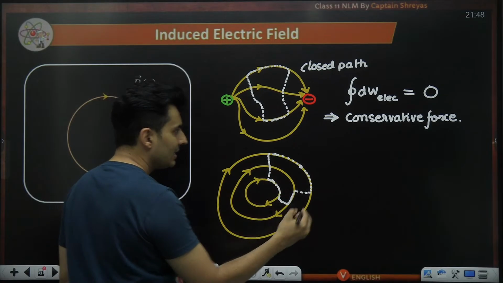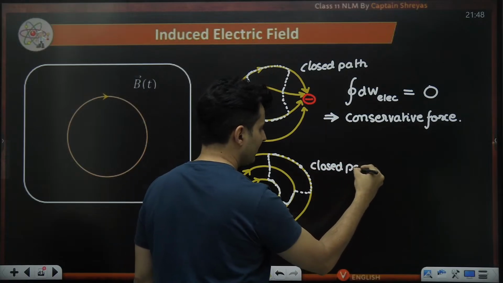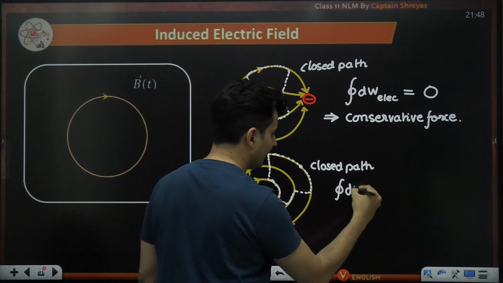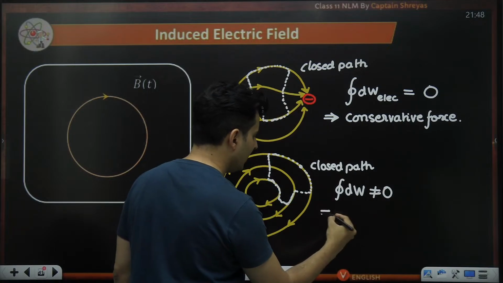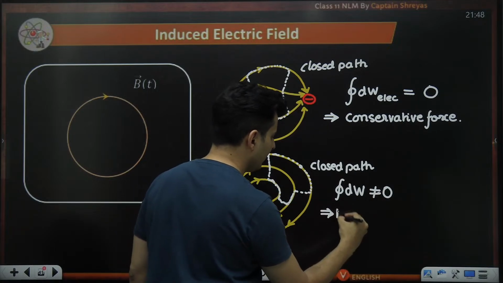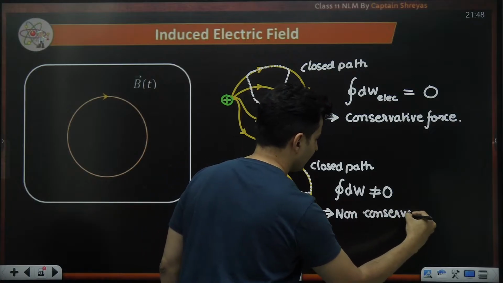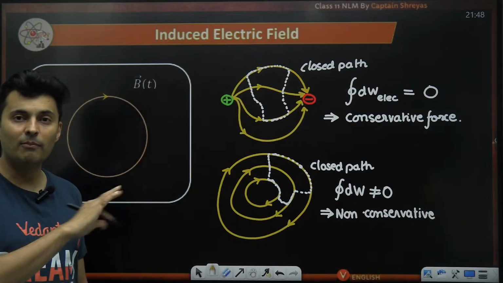You will see that in this particular closed path, if you take the total work done, funny thing is it will not be zero. That means it will be non-conservative in nature. The amount of positive work and the amount of negative work will be completely different.